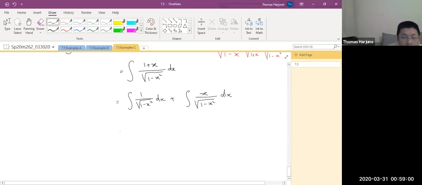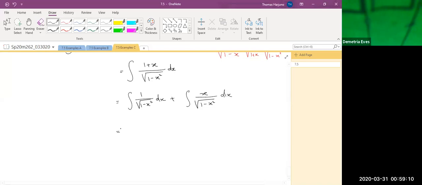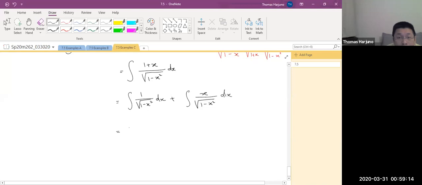What is the integral of the first term? Sine inverse. That's correct. That's sine inverse x. And how about the second one? Then we do u substitution, right? u equals 1 minus x squared, du equals 2x dx.